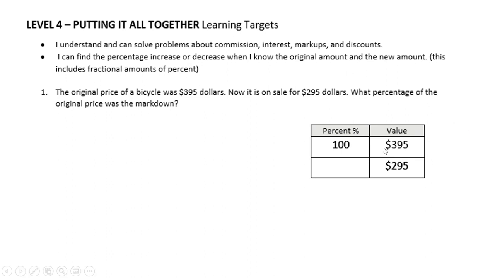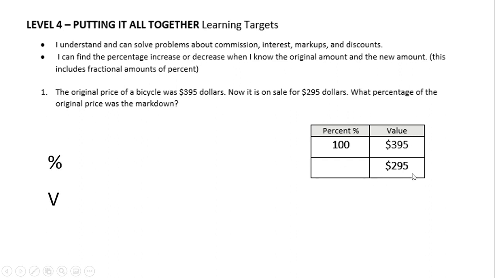This time what we know is that 100% of the bike would cost $395. We don't know what percent off or percent we're paying. We know we paid $295. The question is now asking us to calculate what percent we paid or what percent the markdown was.